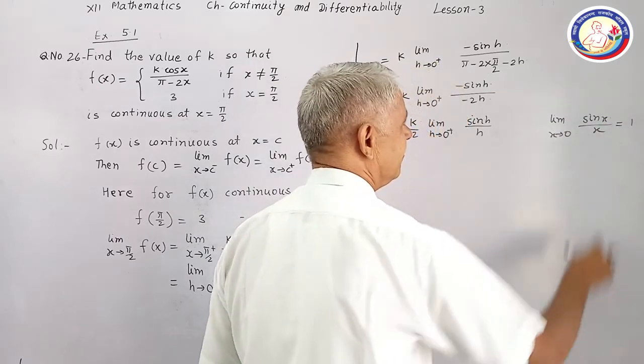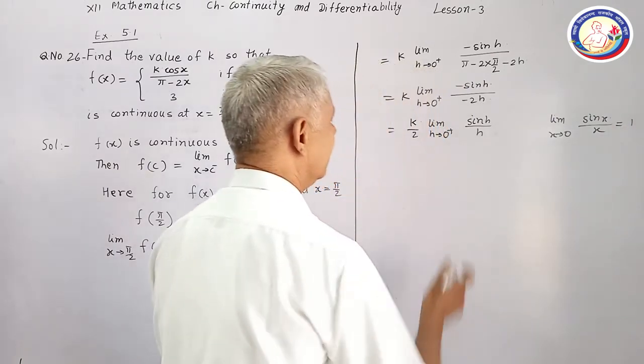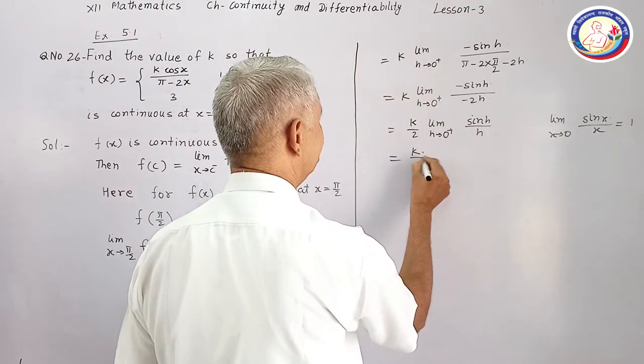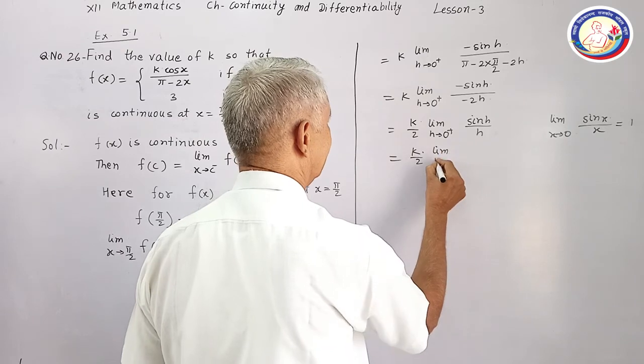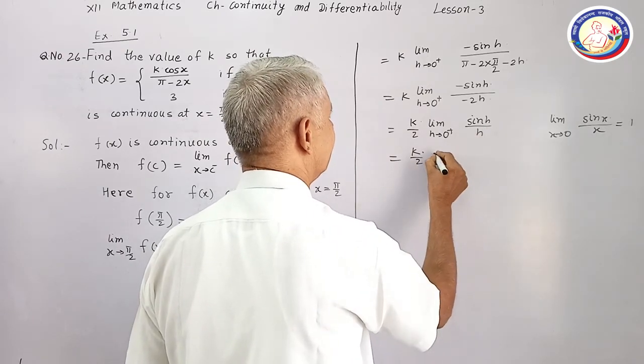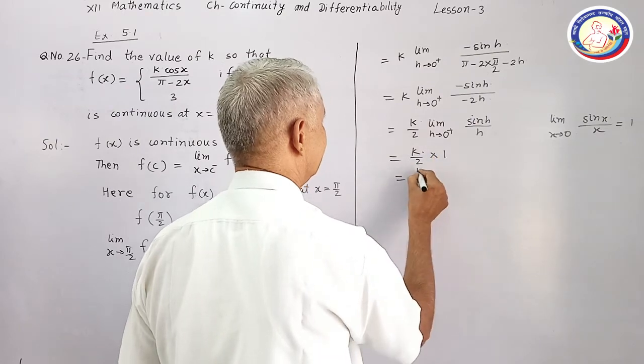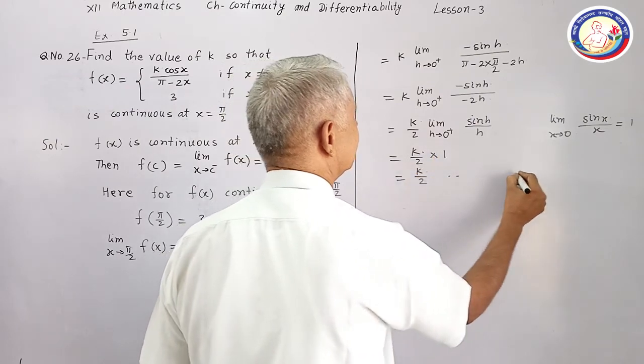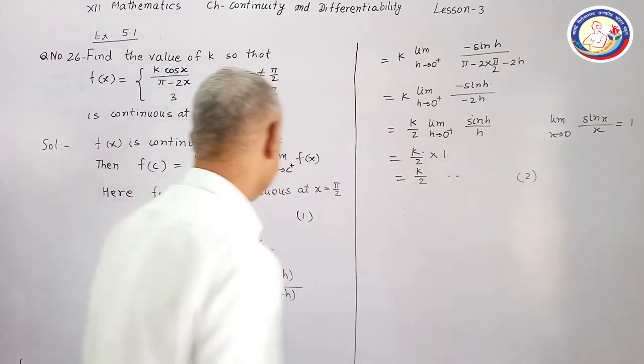We have studied it in the previous class, so we can write 1 here. So it is k by 2. Say this is relation number 2.